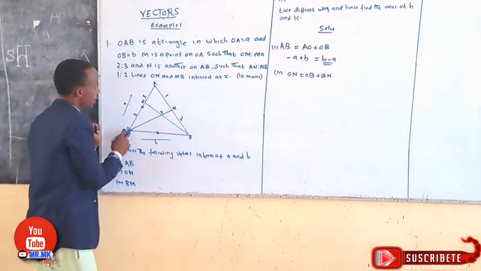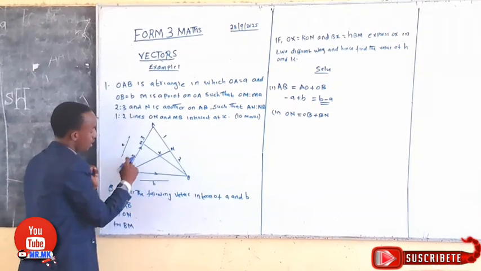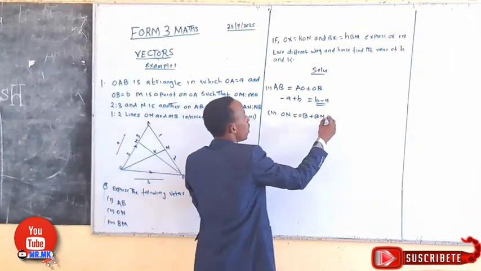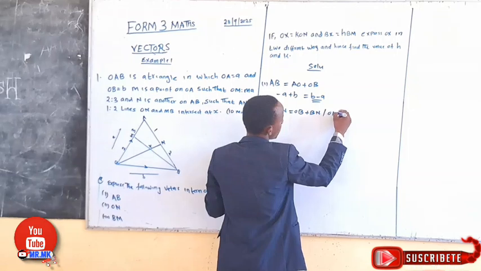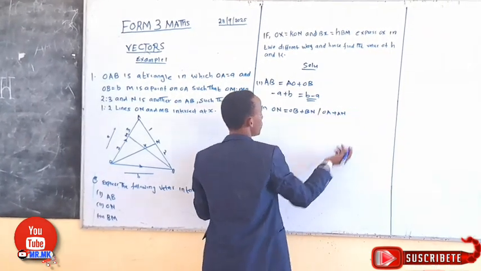For this case, let's use OA plus AN. Both of them you can use.